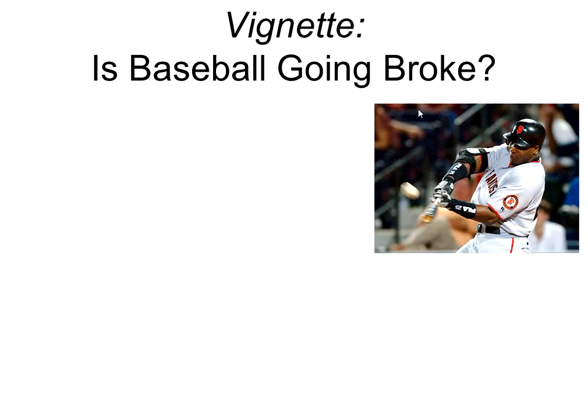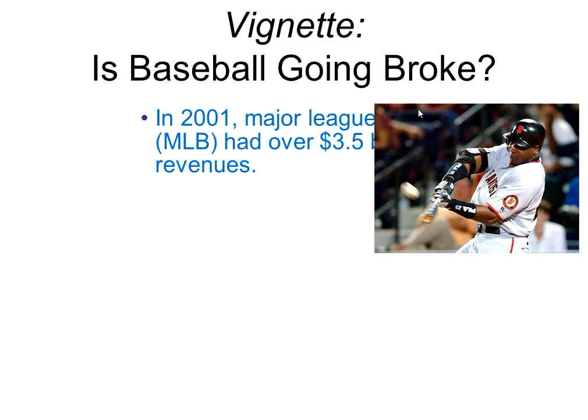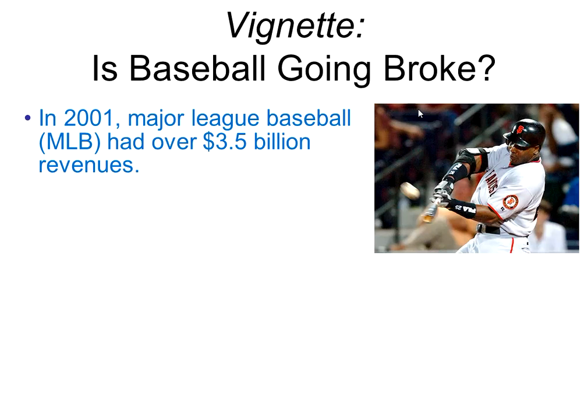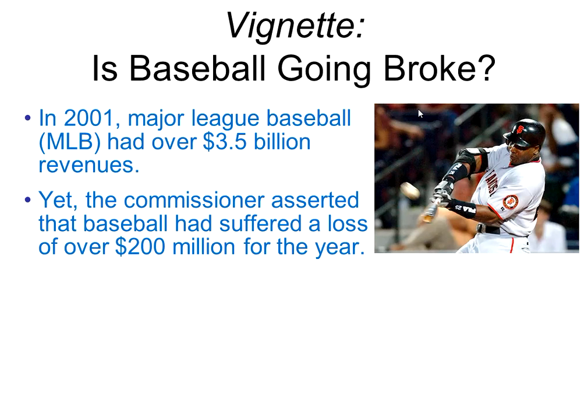So let's talk about this interesting story. Is baseball going broke? In 2001, Major League Baseball, MLB, had over $3.5 billion revenues. However, the commissioner asserted that baseball had suffered a loss of over $2 million for the year.